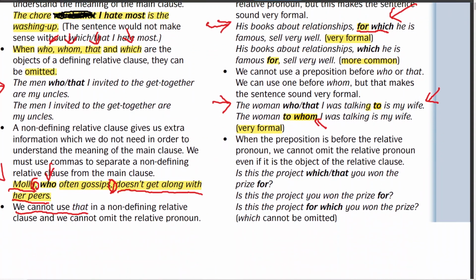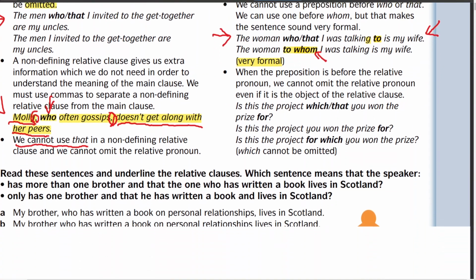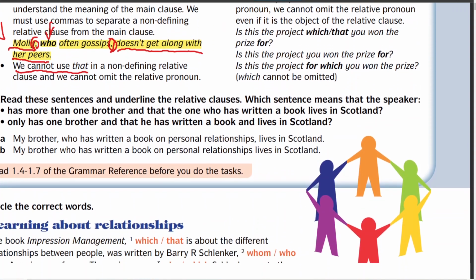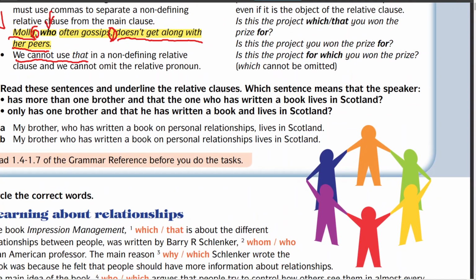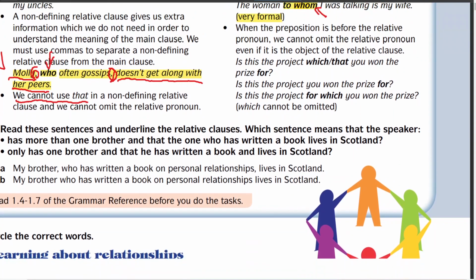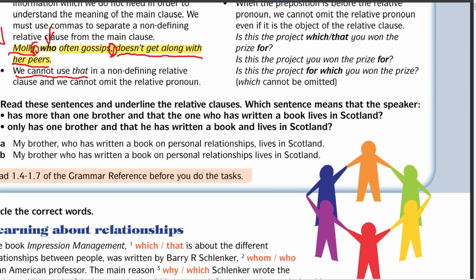Alright, I think that's enough explanation, but let's take a look at number 2. And this exercise should show you the difference between defining and non-defining relative clause.